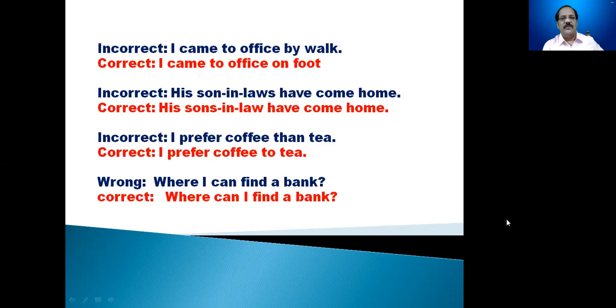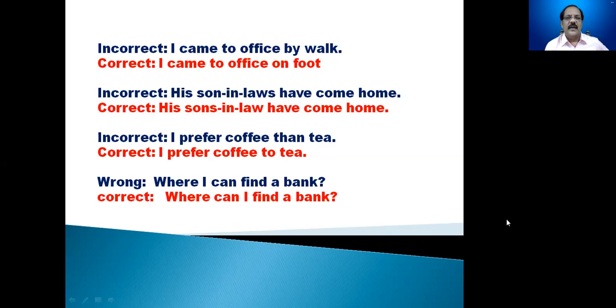He is senior to me. Then, where I can find a bank. The correct expression is where can I find a bank. So what is the problem here? Where I can find a bank. The framing of the question in the given statement is wrong.